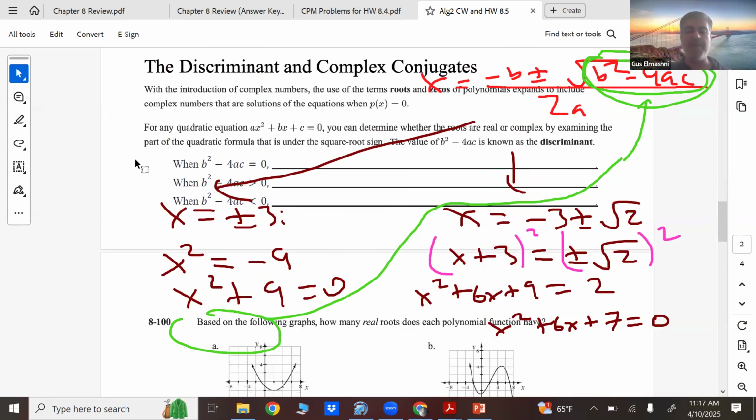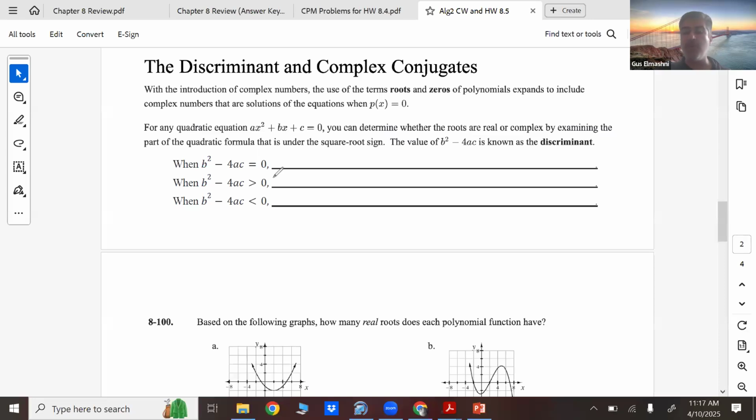So let's copy this down now. If b squared minus 4ac equals 0, you have one real solution. This is really important because this is a big part of our test in 2 weeks. If it's positive, you have two real solutions. And if it's less than 0, you have two imaginary solutions.